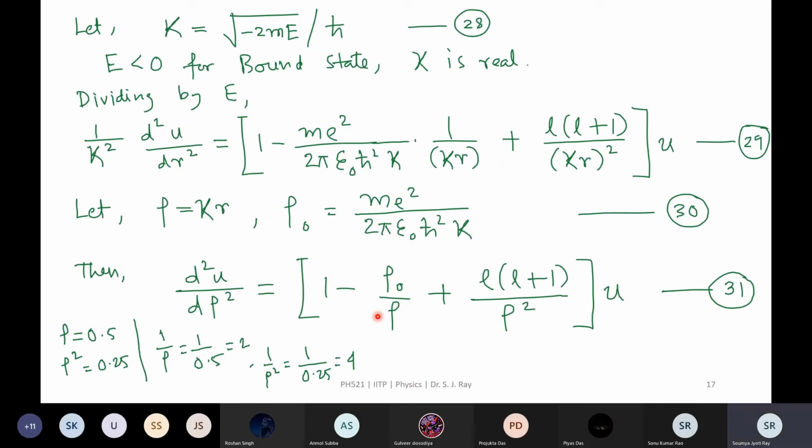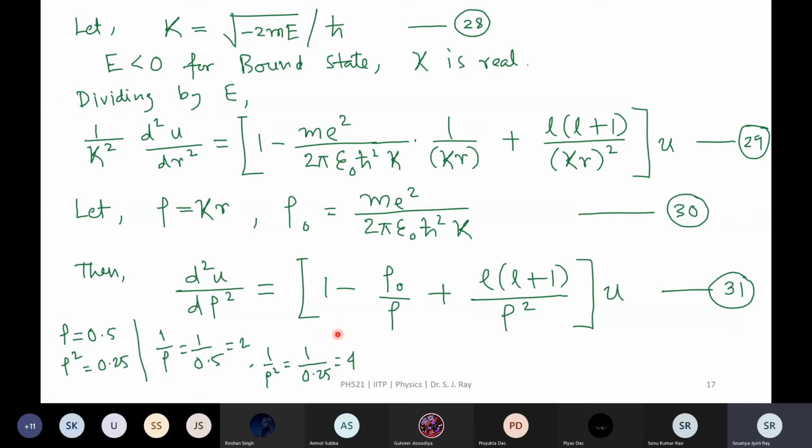So we basically have two terms: ρ0/ρ and L(L+1)/ρ². If ρ is becoming smaller and smaller, then 1/ρ is becoming higher and higher.